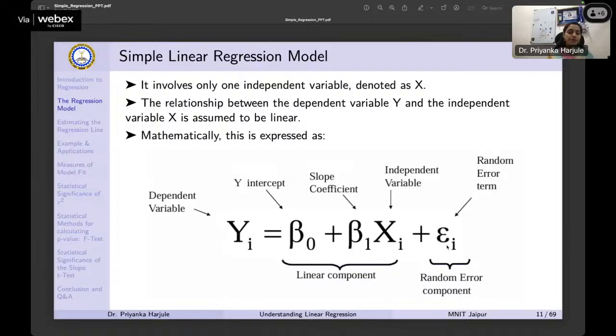This is possible, right? We cannot explain this difference exclusively with the study hours of 5 hours for both of them. This difference could be due to sleep quality, exam anxiety, prior knowledge, classroom participation, or anything else. All these unexplained influences are taken care of by this error term. That is why you have this error term in the linear regression model.